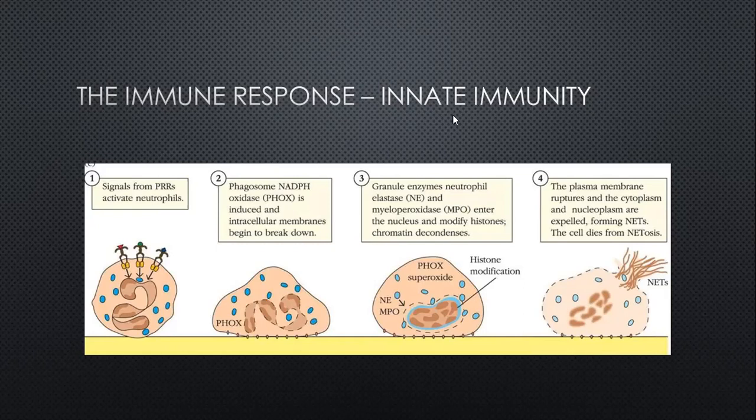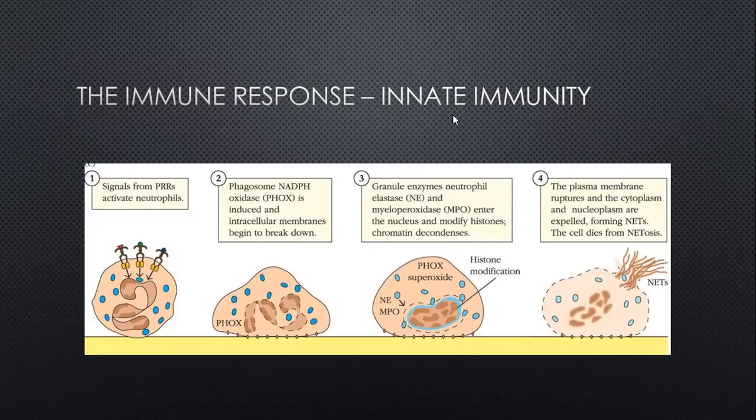So one main type of PRR molecules are the toll receptors. You must have read about toll receptors, the toll-like receptors.